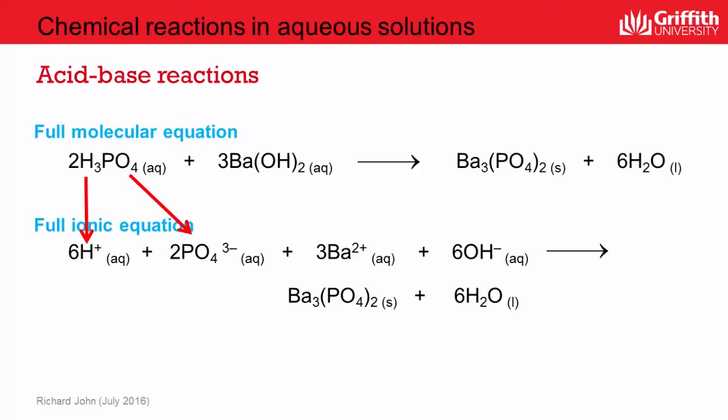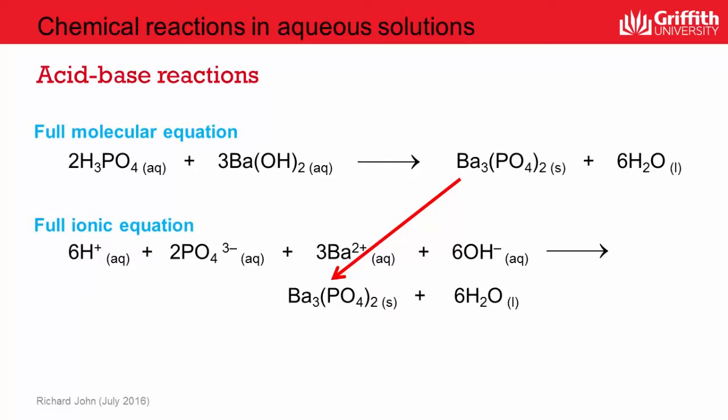For example, we've got the 2 lots of phosphoric acid. There's a total of 6 H+ ions associated with that strong electrolyte and 2 phosphate ions associated with that strong electrolyte. In the 3 barium hydroxide, there's 3 barium ions floating around in solution and a total of 6 hydroxide ions floating around in solution.